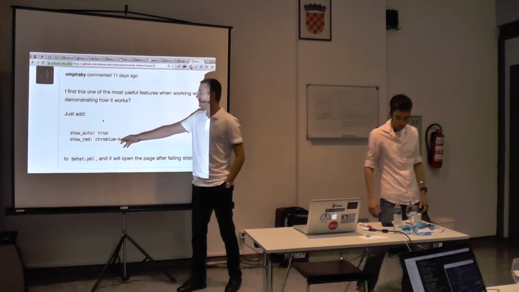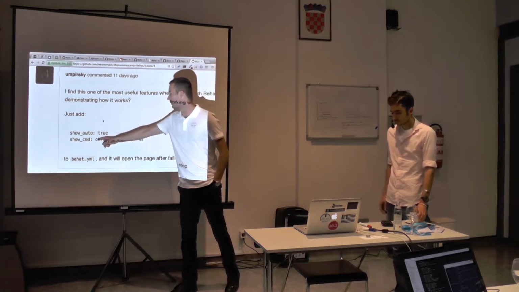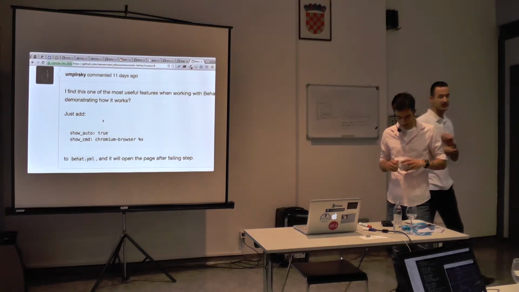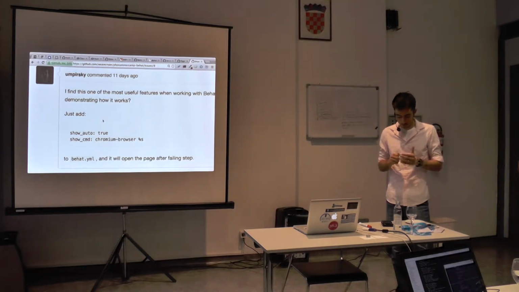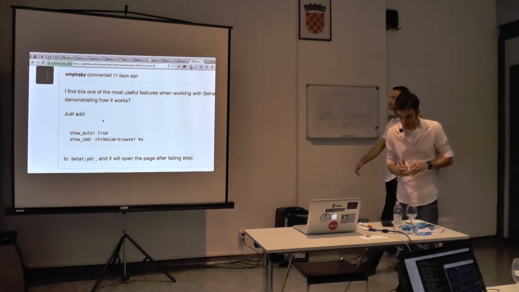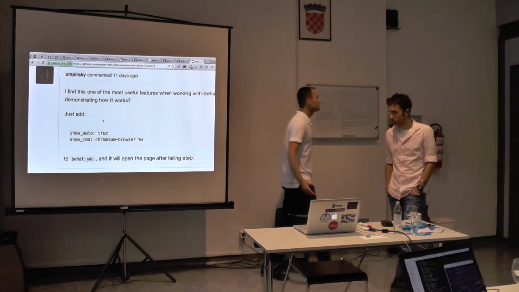Like this, in your behat.yaml. And replace this with your favorite browser. When your step fails, it will actually open your page in a browser, so you can see what's wrong here. Do you have an exception? Did you make a typo or whatever? This is interesting, and you can actually go a step further.